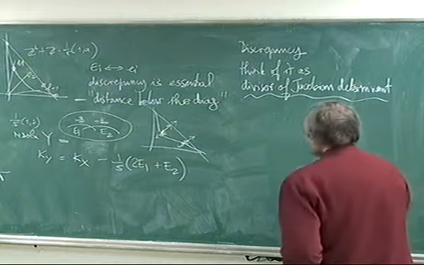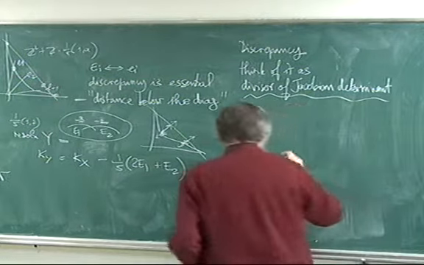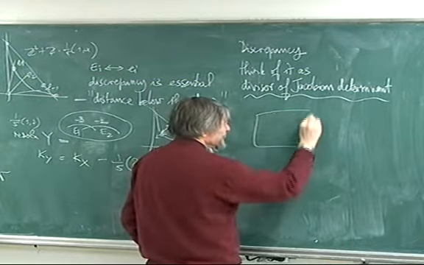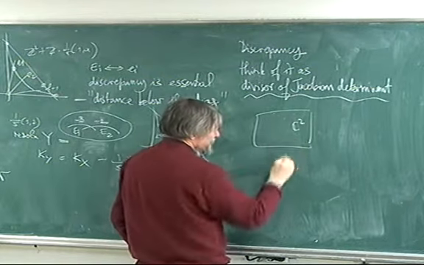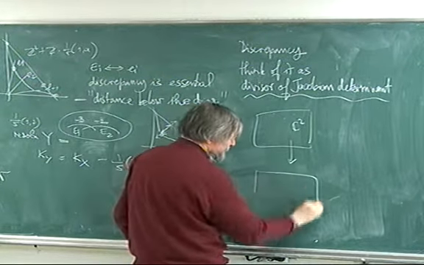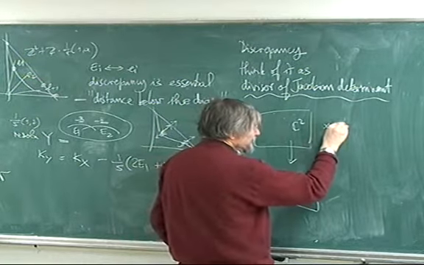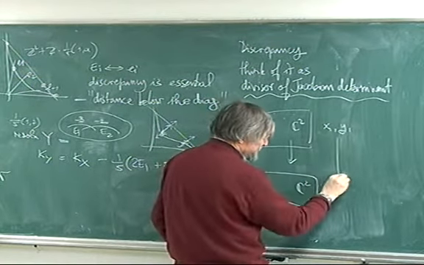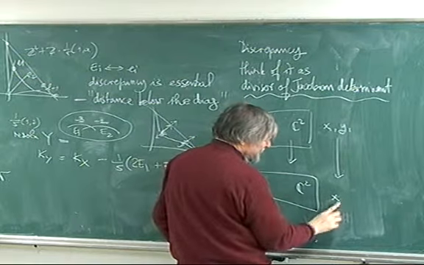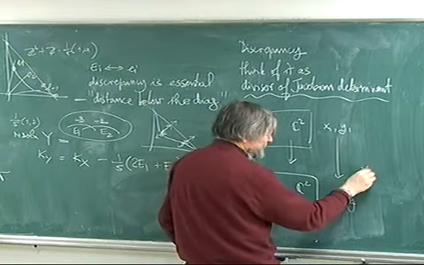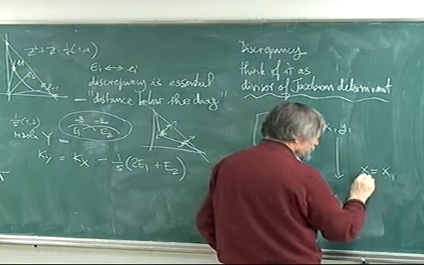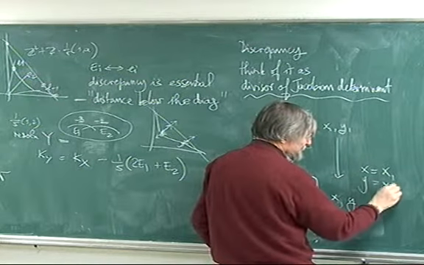To try and understand this in the simplest possible case, here is C2 mapping to C2. This one has coordinates x1, y1, and the map is given by x equals x1 and y equals x1 y1.